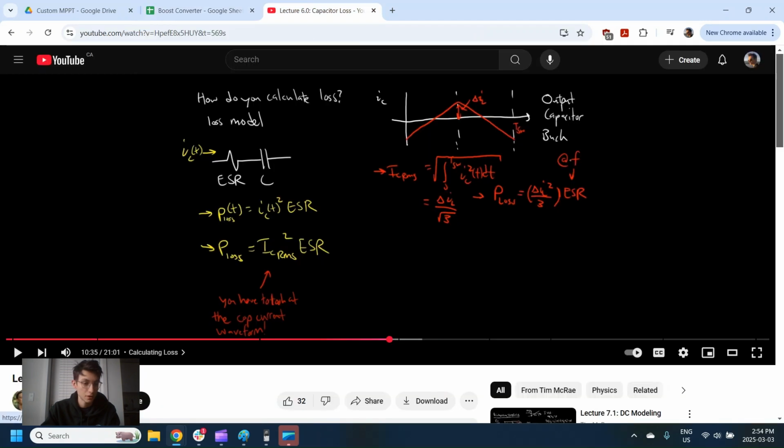Same guy, Tim McRae. Great. And he finds it to be the delta IL divided by square root 3. So our power losses are going to be the delta IC squared divided by 3 times our equivalent series resistance. And I put that in the sheet, and that is your capacitor losses.